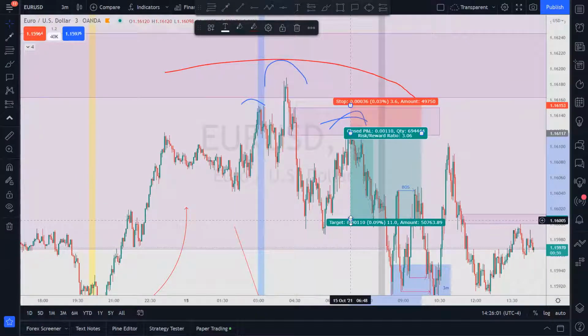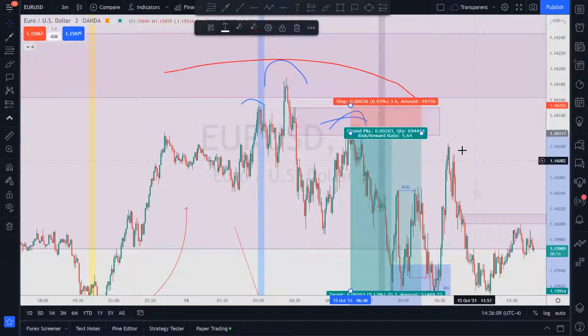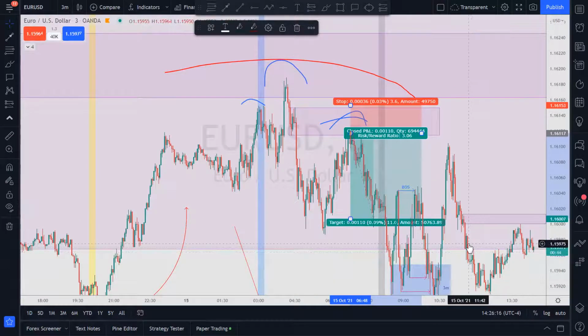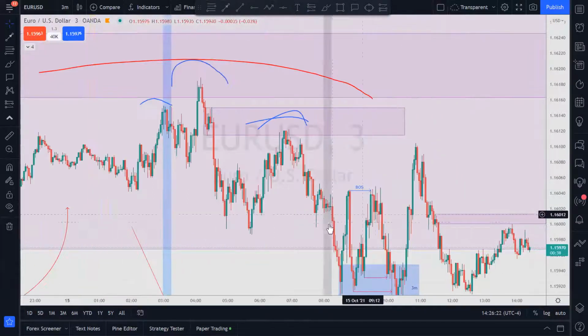You want to take at least between 75 to 90% and leave a runner. And that runner would have ran until you might have gotten a 5.5 R on this trade. Do you understand? That's if you're up at that hour. If you're trading London, that is your optimal trade entry, all right, at that right shoulder.